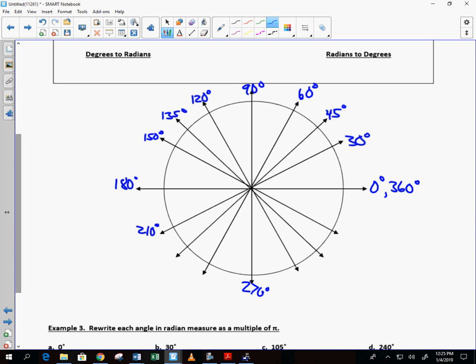Hiccups are not allowed. 45 degrees past 180. 60 degrees past 180 is 240. 30 degrees past 270 is 300. 45 degrees past 270 is 315.